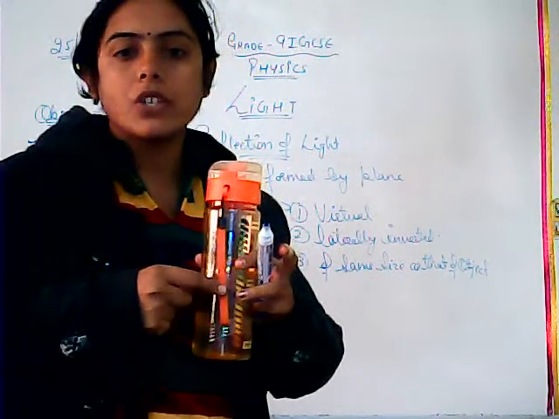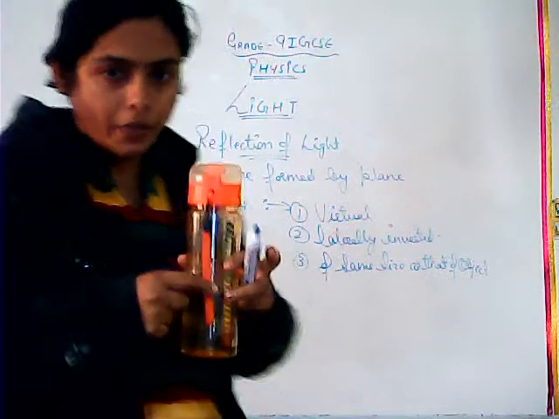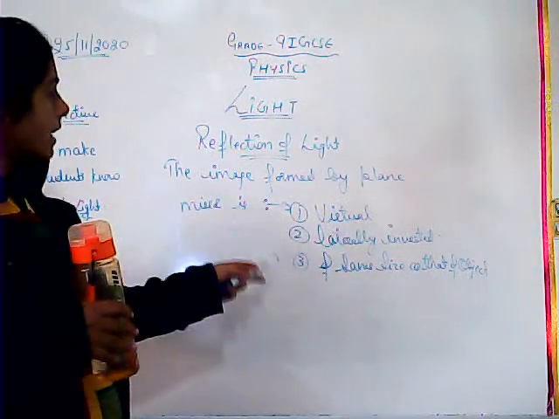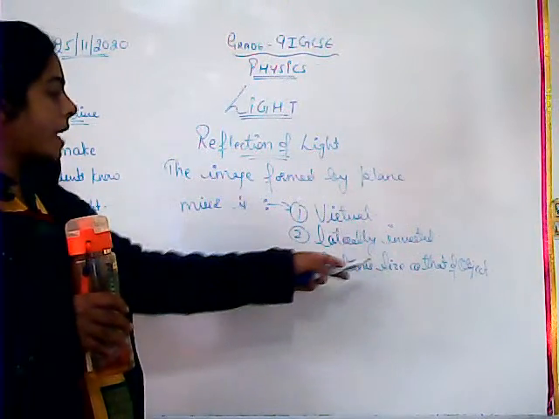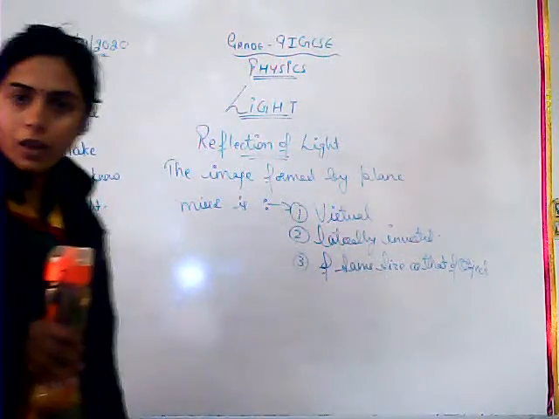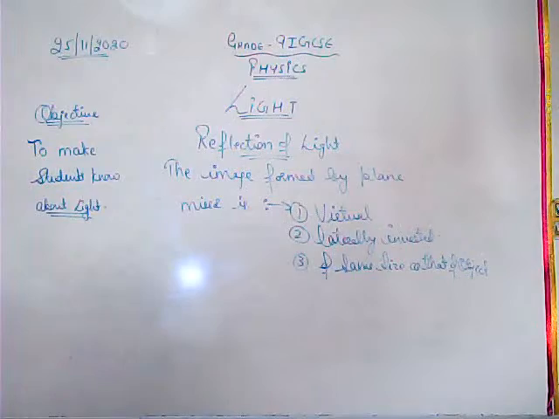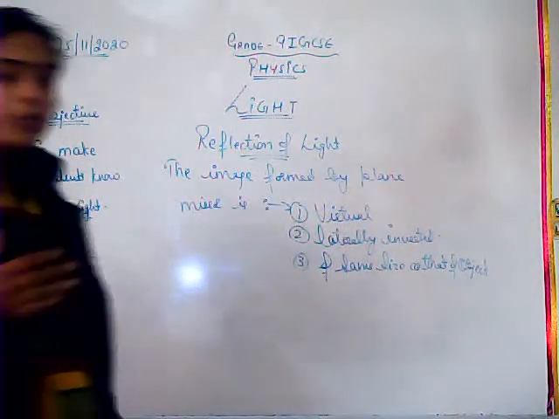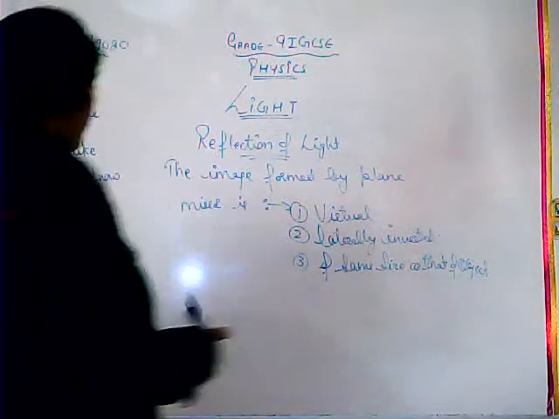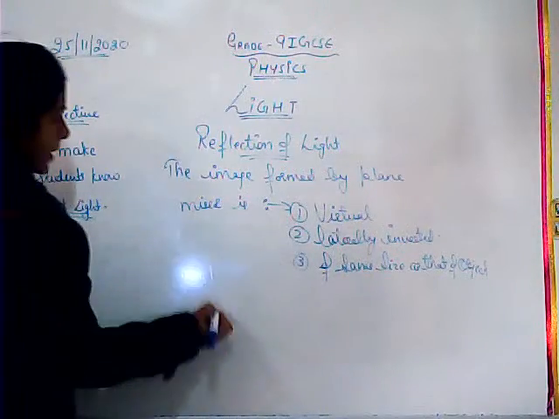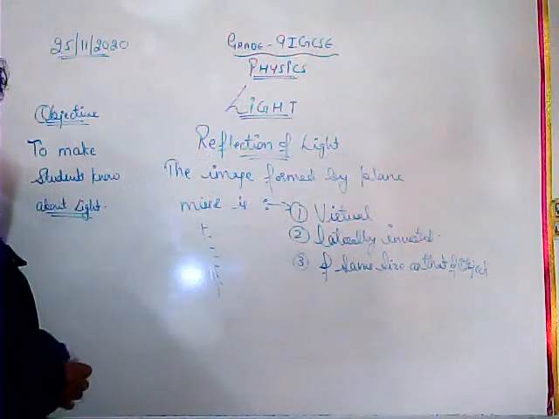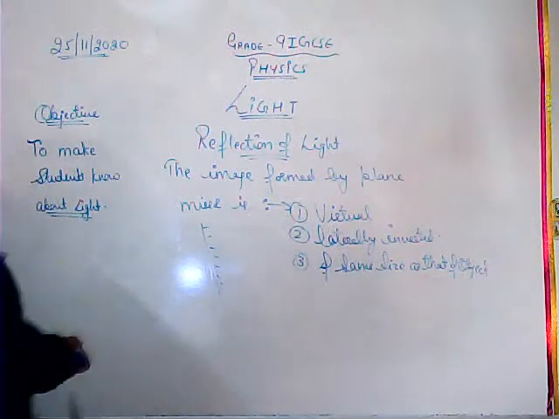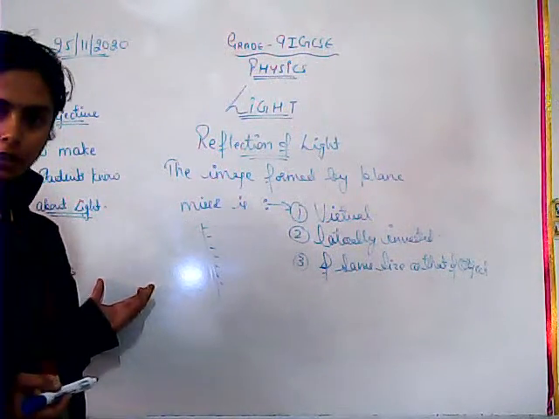There will be no variation in it. Fine. So we say that the image formed by the plane mirror is of same size as that of the object. And the same goes for the distance also. Fine. Let's say you are standing at a distance of 5 meter away from the mirror.